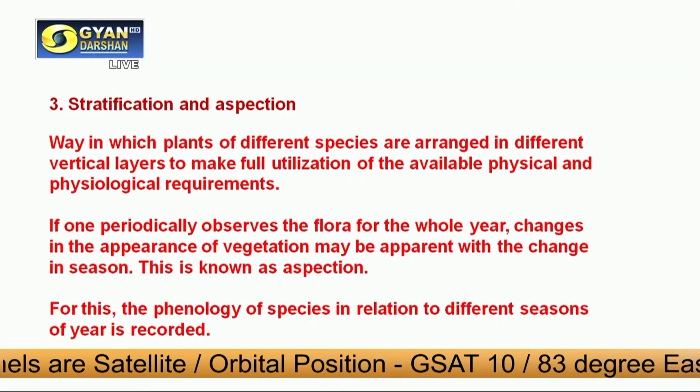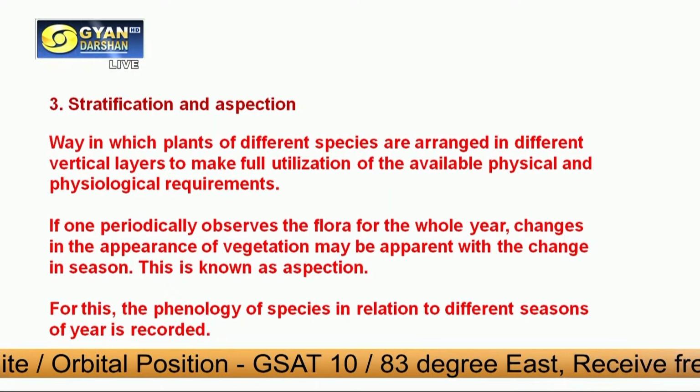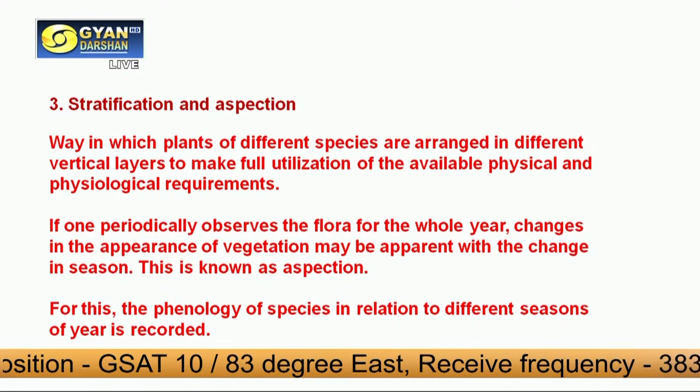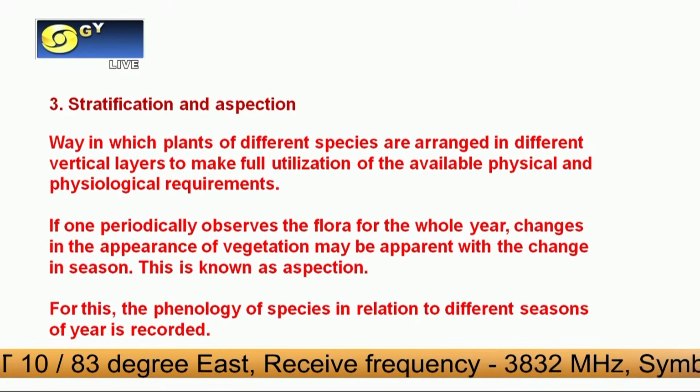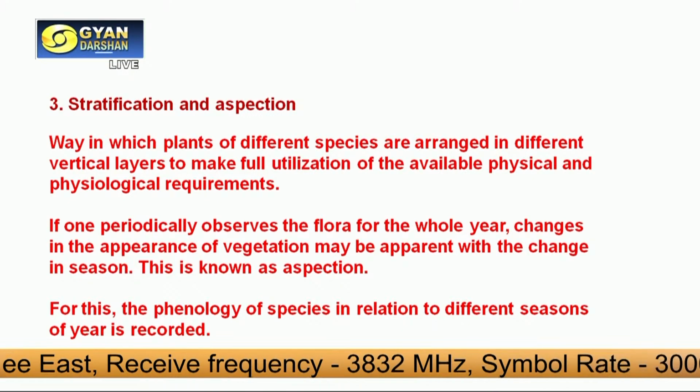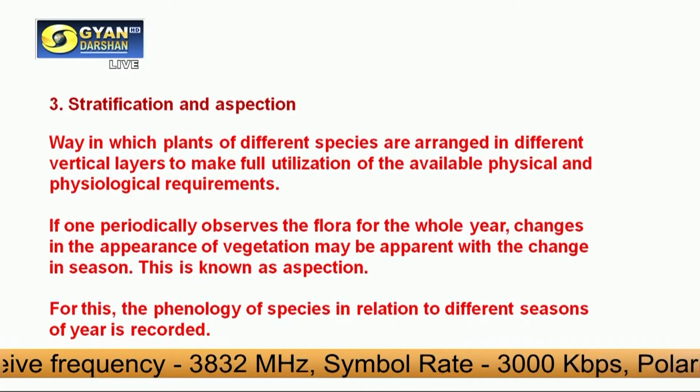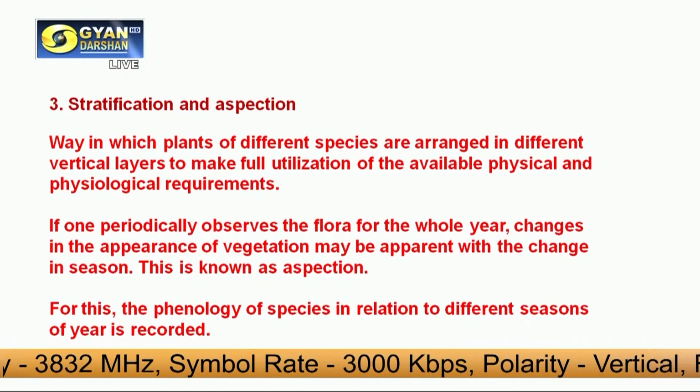And stratification, I already told you that the different individual species of a community are not present at the same height. They are present in different layers or strata. So that is called stratification. So number of layers is distinguished.